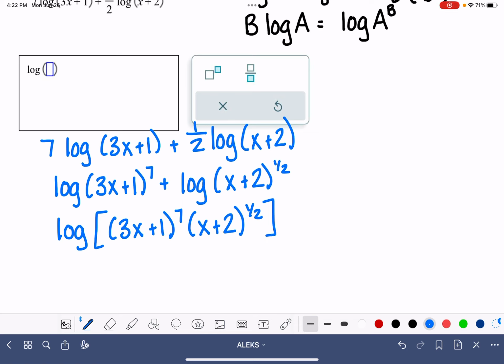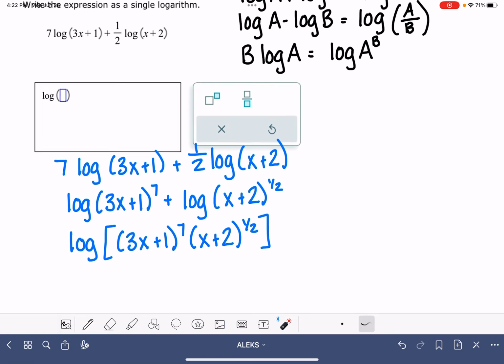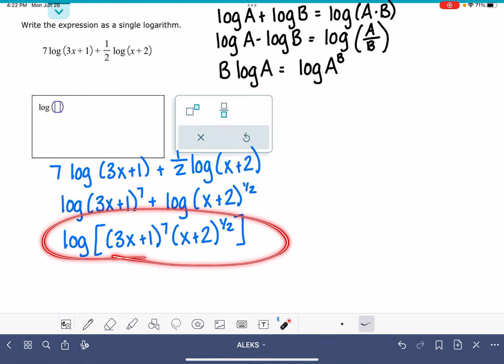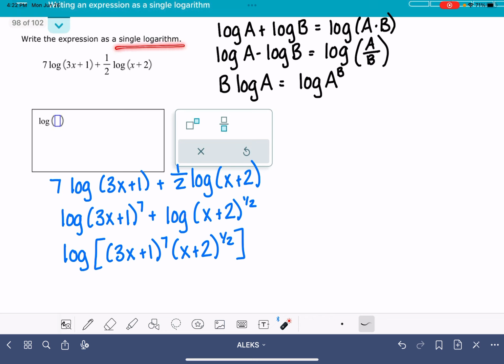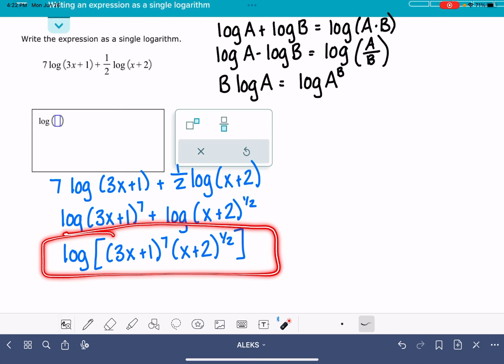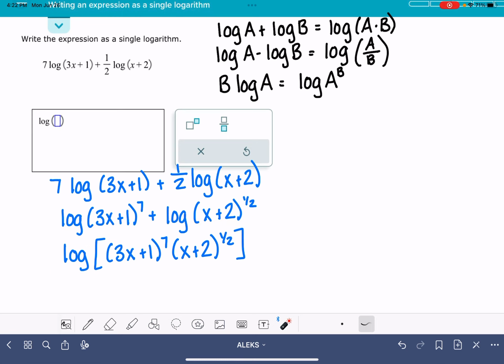And that's not a very simple term, and we could expand the math out on it, but I don't think it's necessary, because ALEKS is just asking us to write this as a function that just has one single log function in it. So I feel like this is probably good enough for ALEKS.